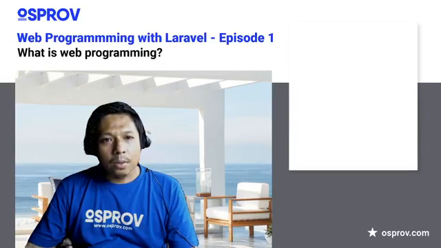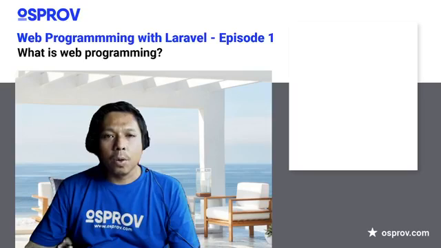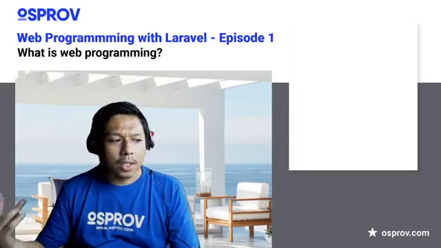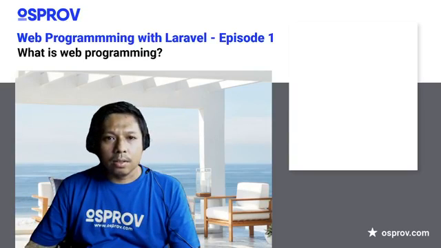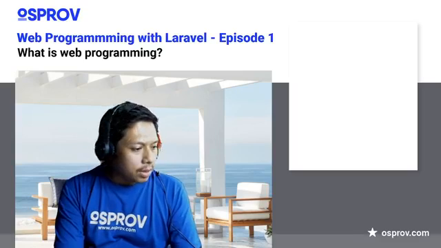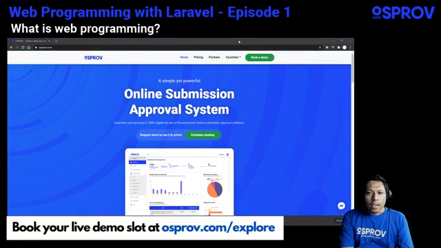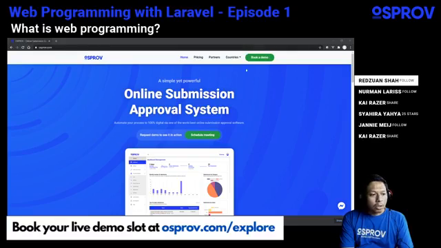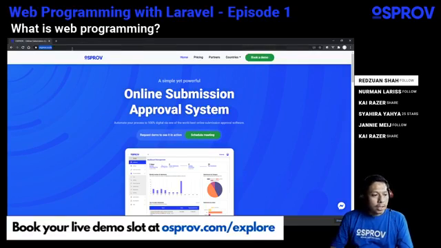Okay, so our topic for today is web programming. So what is web programming? Let me change the view first. Alright, so this is your typical web browser. You can see that from here you can type a URL. This is what we call the URL. In this case, I'm typing osprov.com.